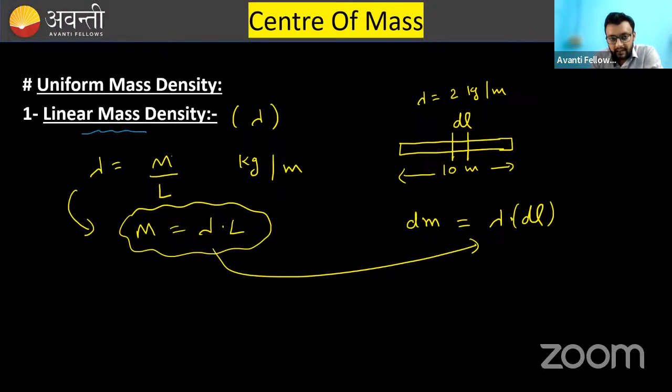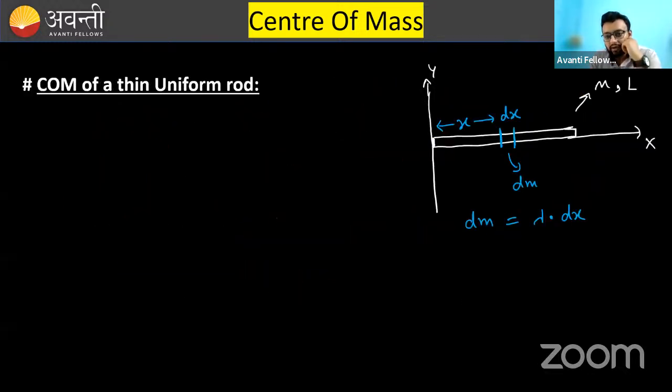So mass will be lambda into length, where length is the portion whose mass you want to calculate. Here the length of this small portion is dx, so the mass is lambda dx. Lambda is mass per unit length: mass of the rod is M, length of the rod is L, so dm equals (M/L) dx.